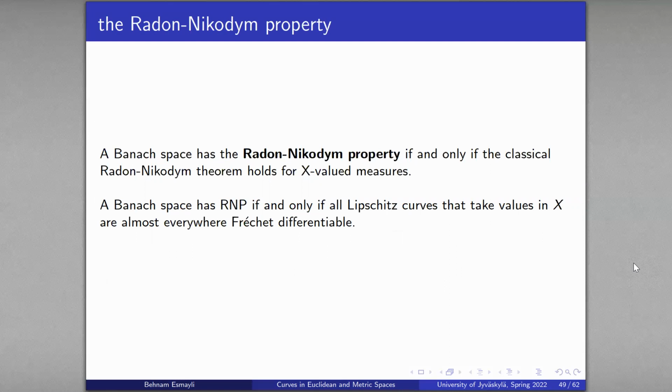Basically, we can characterize those Banach spaces where all Lipschitz curves are almost everywhere Fréchet differentiable. And those are the spaces that are equipped with the property called the Radon-Nikodym property.